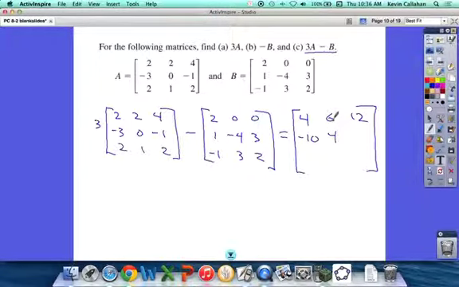That's a 6. Negative 3 minus 3 is negative 6. And 6 minus negative 1 is 7. 3 minus 3 is 0. And 6 minus 2 is 4.